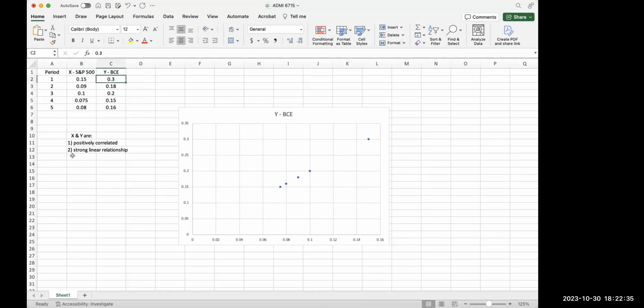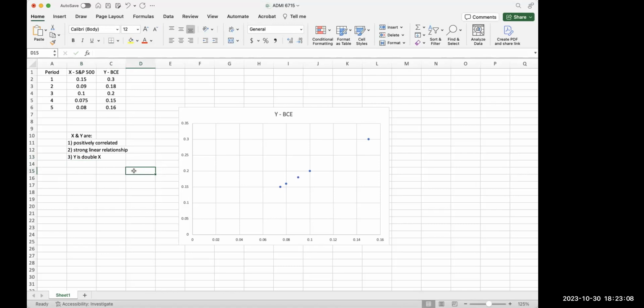So y is double x. All right, so that means that it's possible to make a prediction with this data.